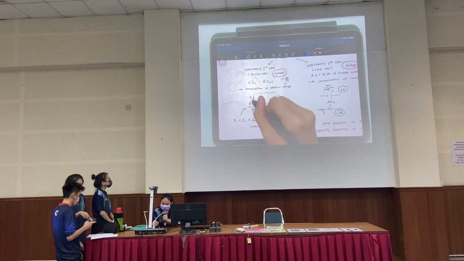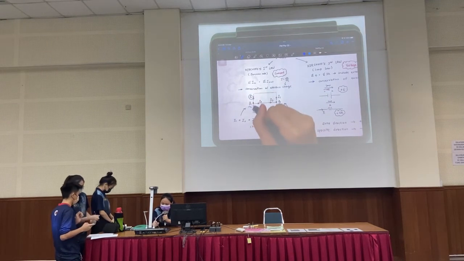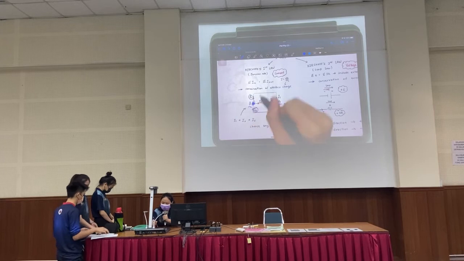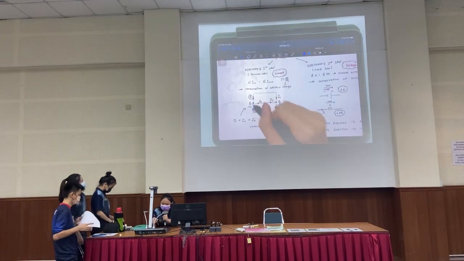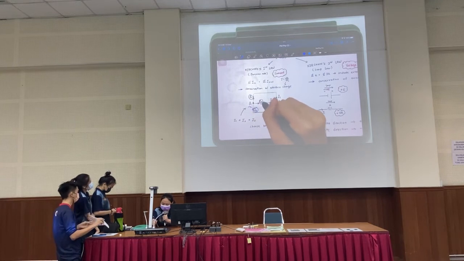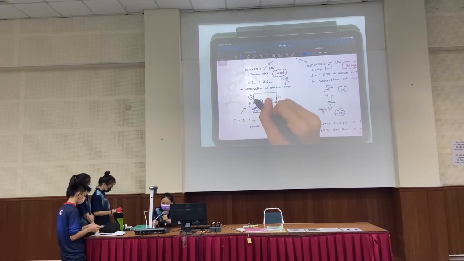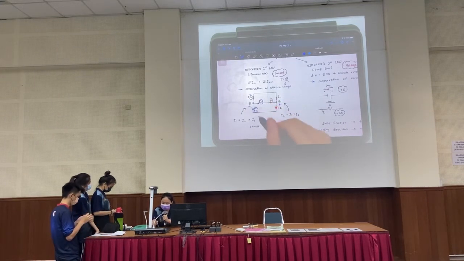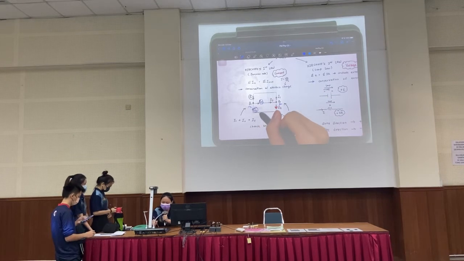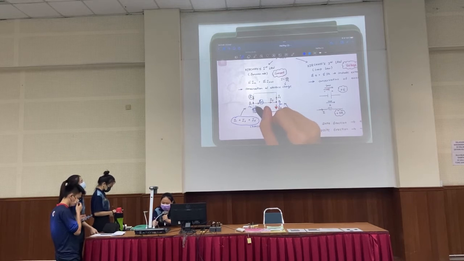We can see that I1 and I2 are the currents that flow into junction A. And the current flowing out of junction A is I3. So we can construct the equation at junction A: the current flowing in, I1 plus I2, equal to the current flowing out, I3. So this will be the first equation for junction A.